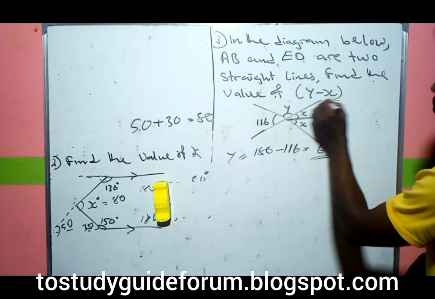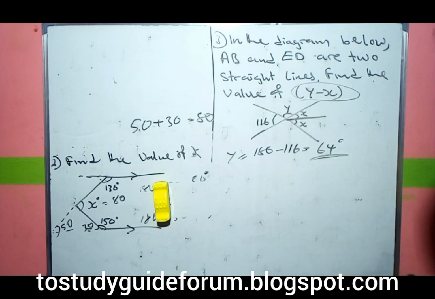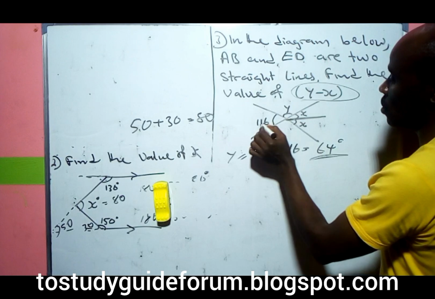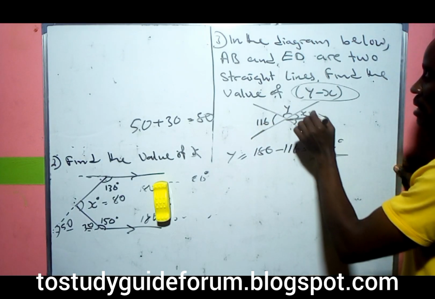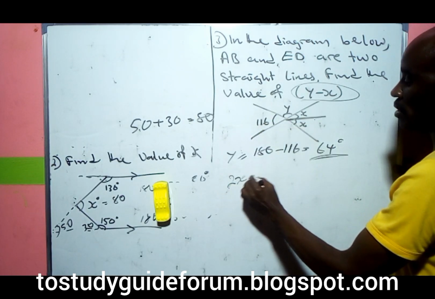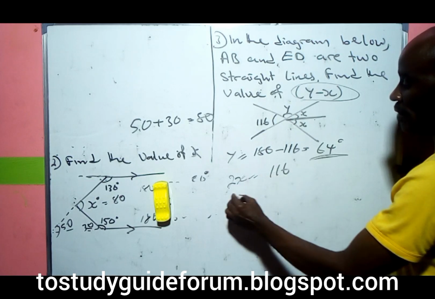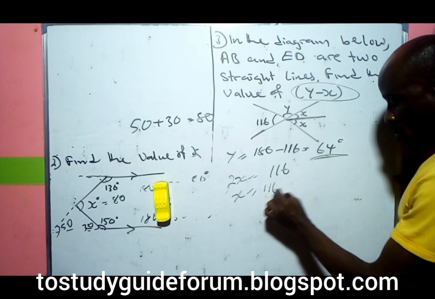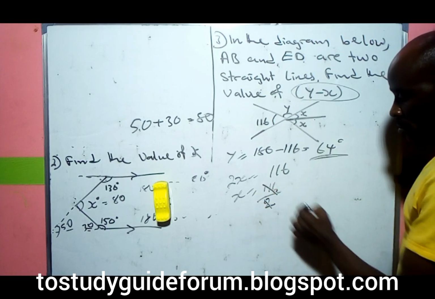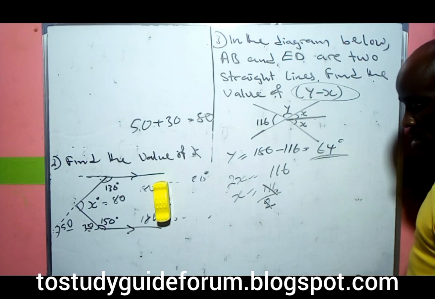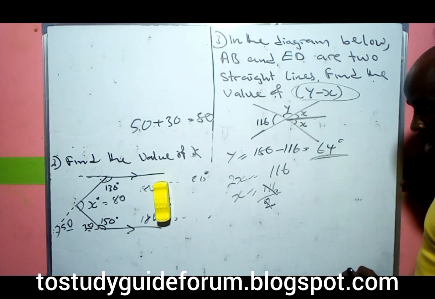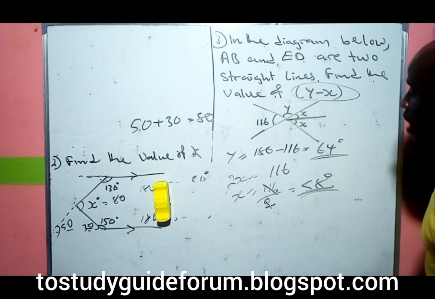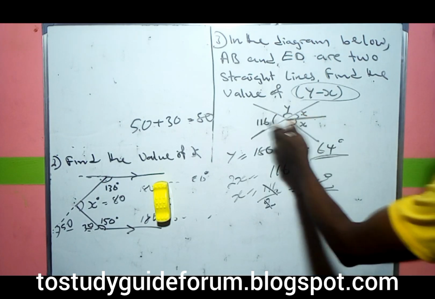Now the question said we should find y minus x. But 2x is equal to 116, so x will be 116 divided by 2, which gives us 58 degrees. These are corresponding angles.